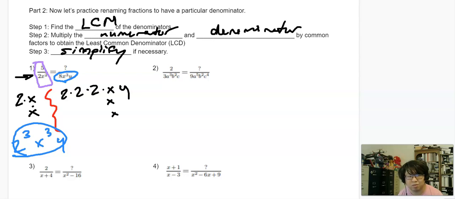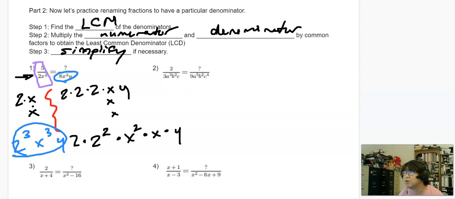So what am I multiplying by? I'm multiplying by 2 squared. This is that one single 2, times 2 squared, and that's my 2's, times x squared, that's what I started with in the denominator, times how many more to make up to the 3? Just 1. And finally, I don't have any y, so I do have to add that extra y.